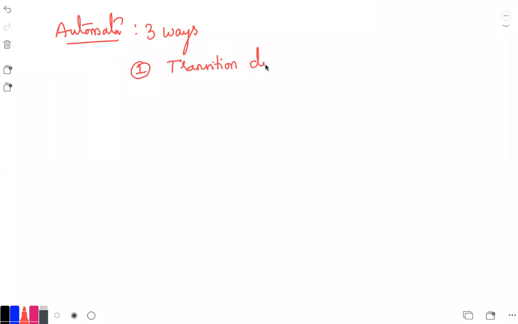So an automata can be represented in 3 ways. First one is the transition diagram, the one we have seen just now.